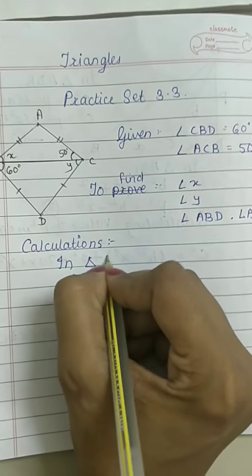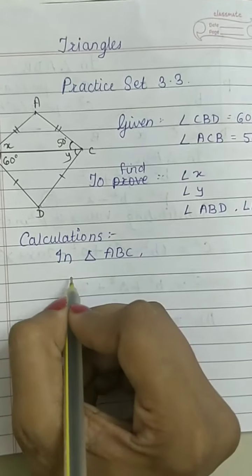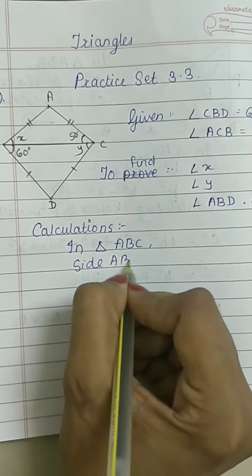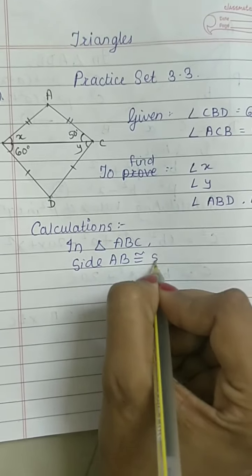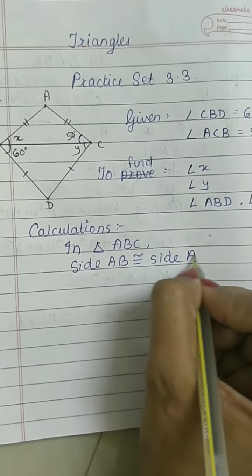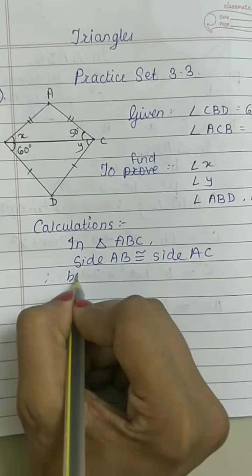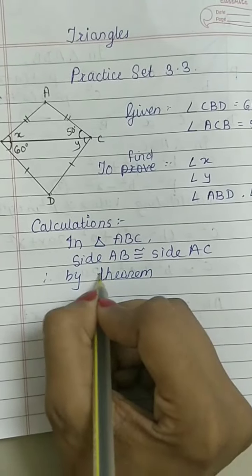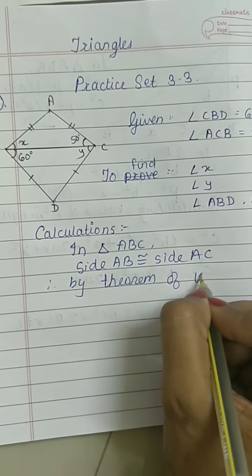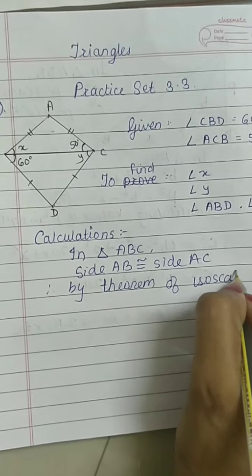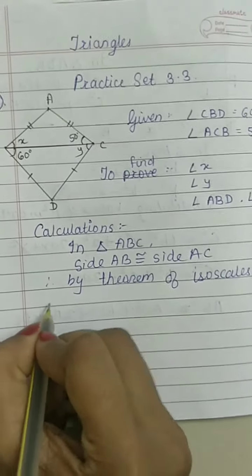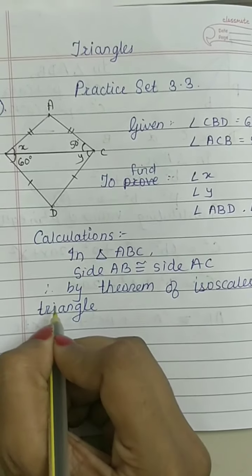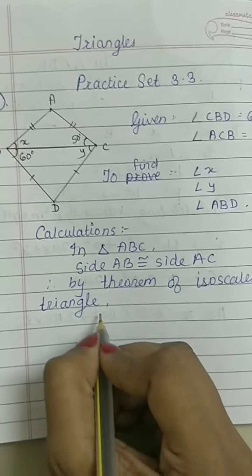In triangle ABC, this side AB is congruent to side AC, and therefore by the theorem of isosceles triangle, you have to write properly, don't forget it.